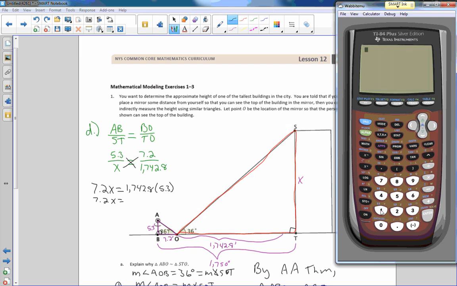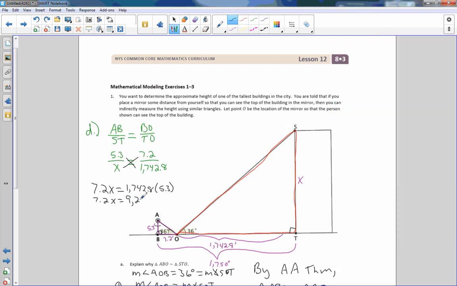and I'm going to take 1742.8 times 5.3, and I get 9,236.84. Okay, to finish this, I want to know what x is. I need to divide it by 7.2. Divide both sides by 7.2, and finally the 7.2's cancel, and I get x equals.